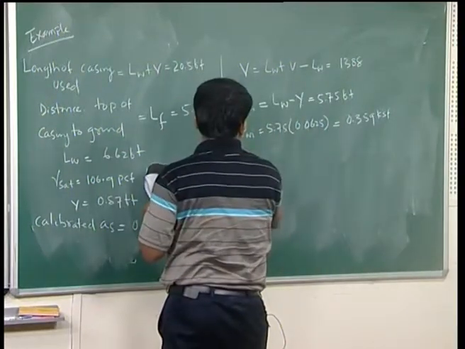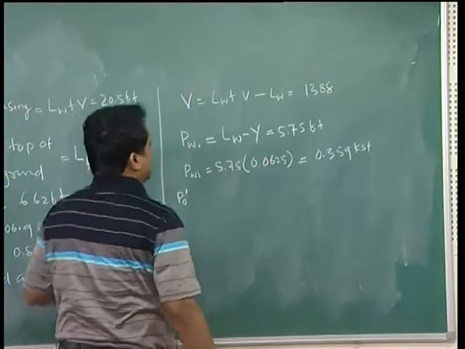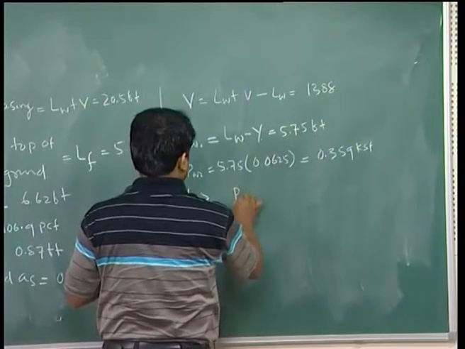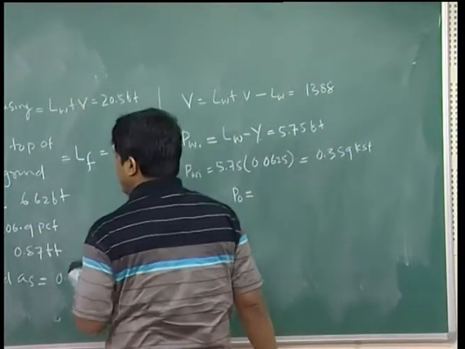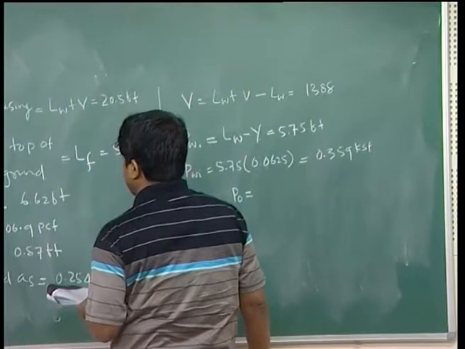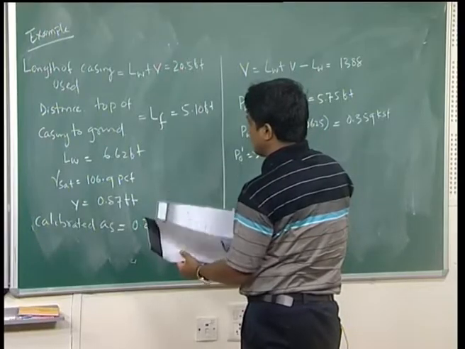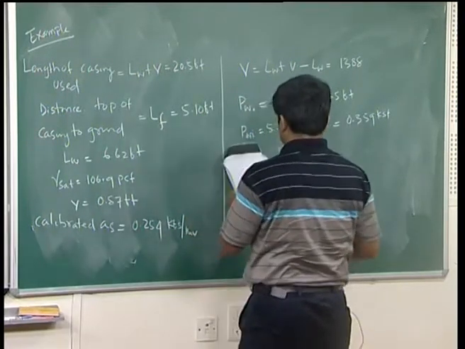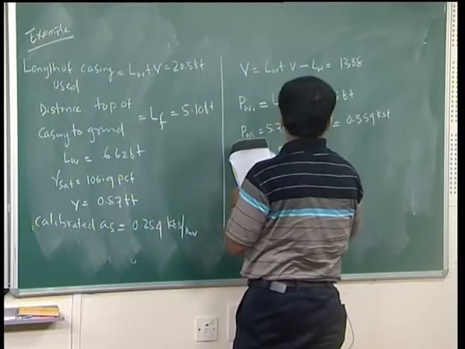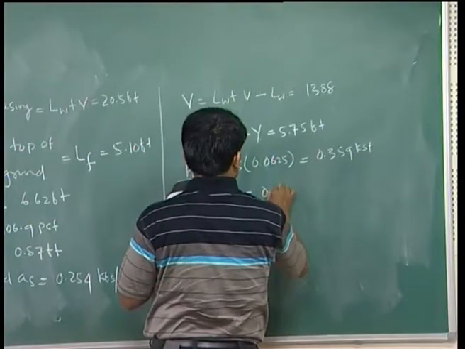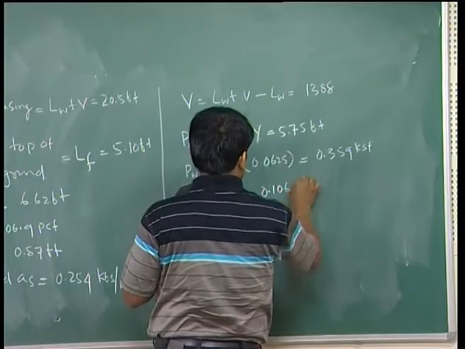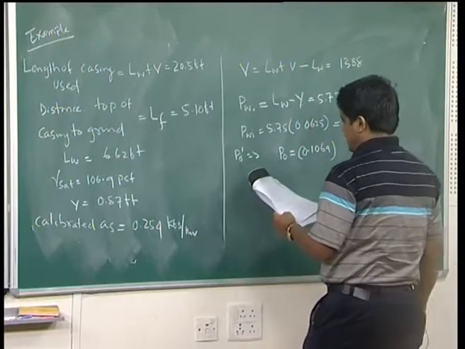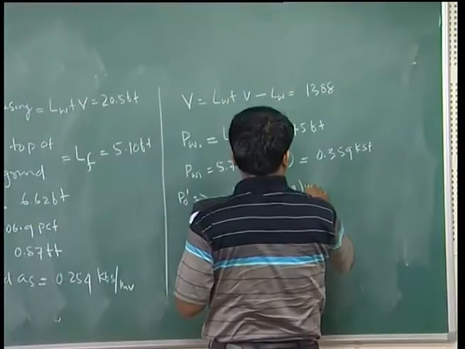Now, P0 prime, effective overburden pressure, calculate. So, P0 you will get it, gamma is equal to, what is your gamma? Gamma is equal to 106.9. So, it will be 0.1069, it has been converted to kips, into 15.40.